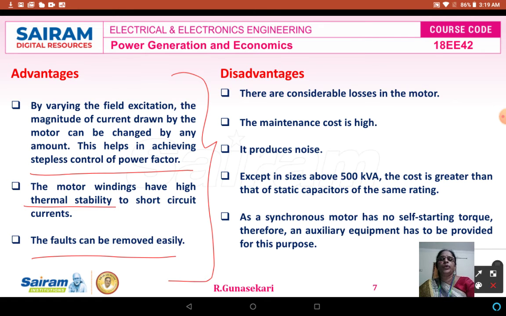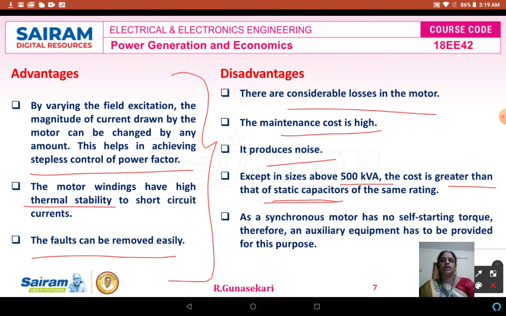What are the disadvantages? There are considerable losses in the motor. The maintenance cost is high. It produces noise, and in sizes above 500 kVA, the cost is greater than the static capacitors of the same rating. For example, comparing a 500 kVA static capacitor and a 500 kVA synchronous condenser, the cost of the synchronous condenser is greater.